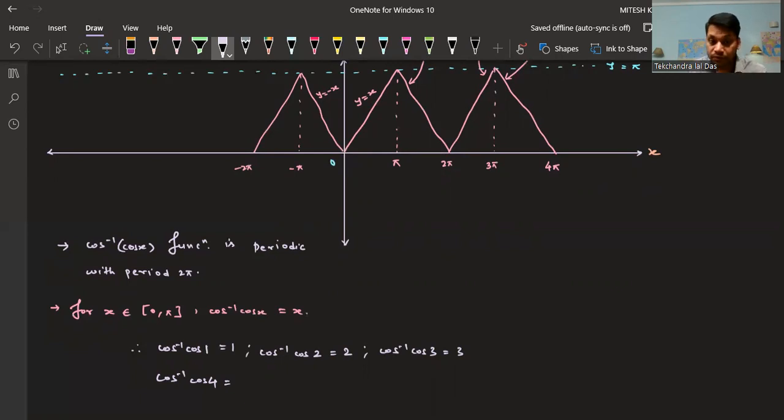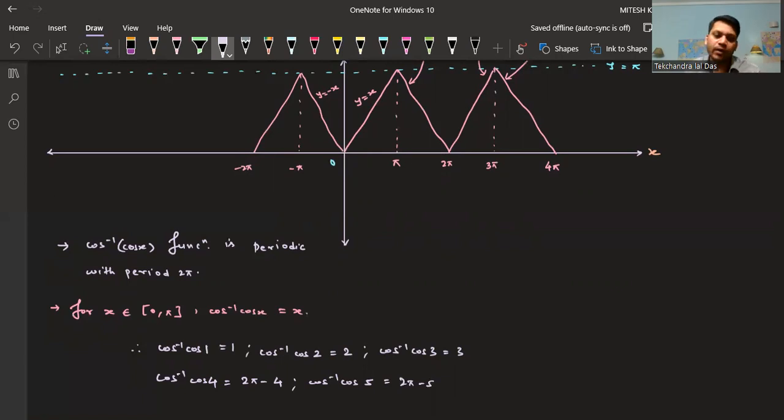So the value will be 2 pi minus 4. Understood, no? If somebody asks you what is cos inverse of cos 5, what will you say? You know this 5 is less than 2 pi, so definitely the same branch will come. So again 2 pi minus 5.